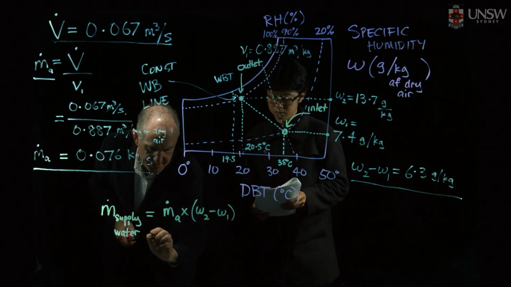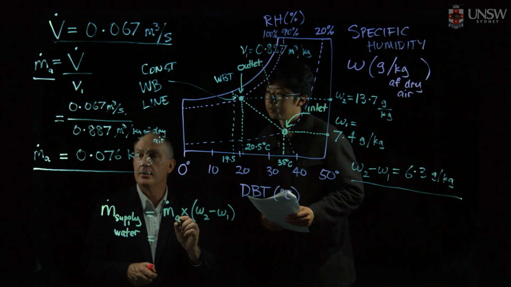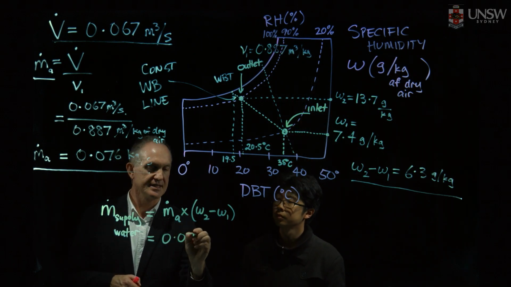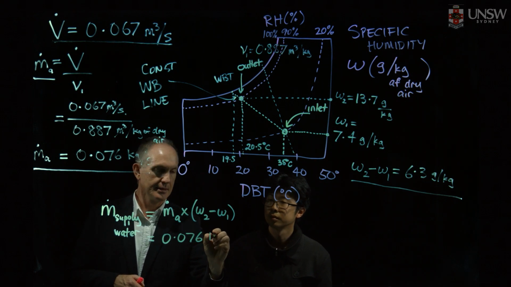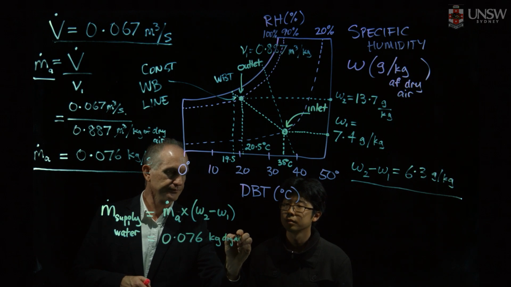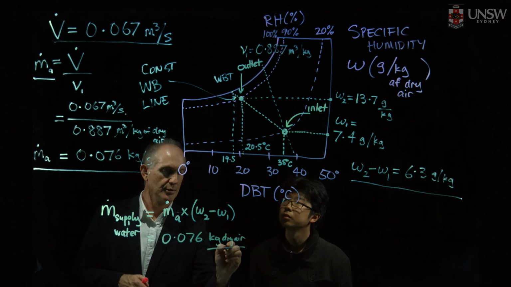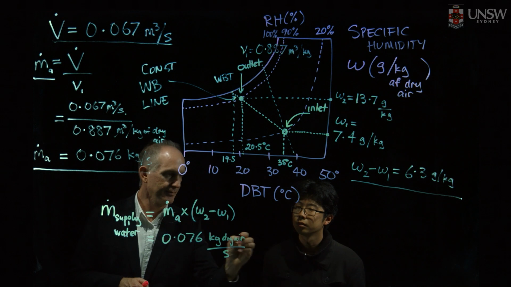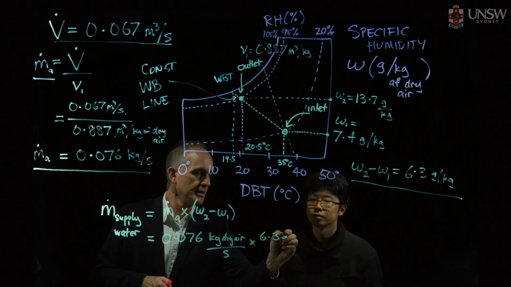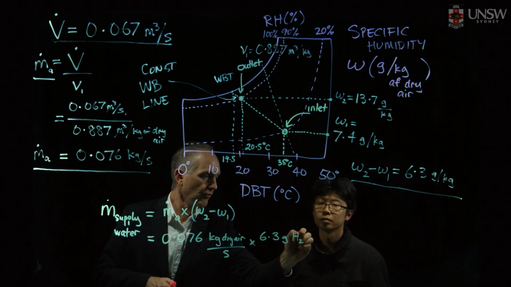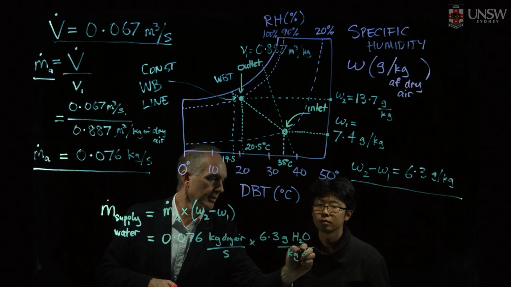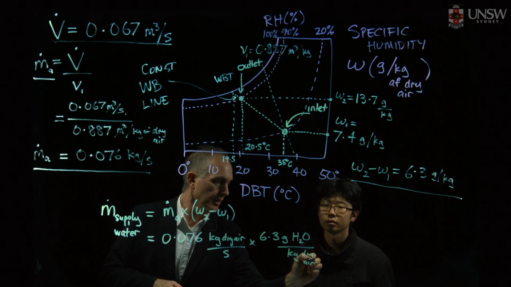Let's just write those numbers in, and we have 0.076 kilograms of dry air per second moving through the system, and we're multiplying by 6.3 grams of water per kilogram of dry air that's required.